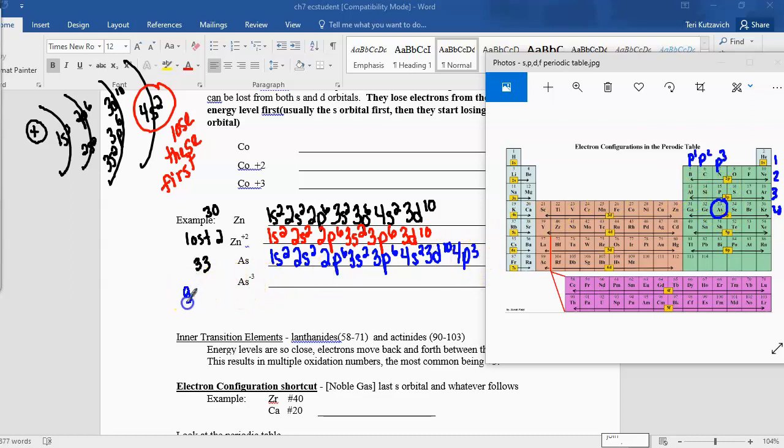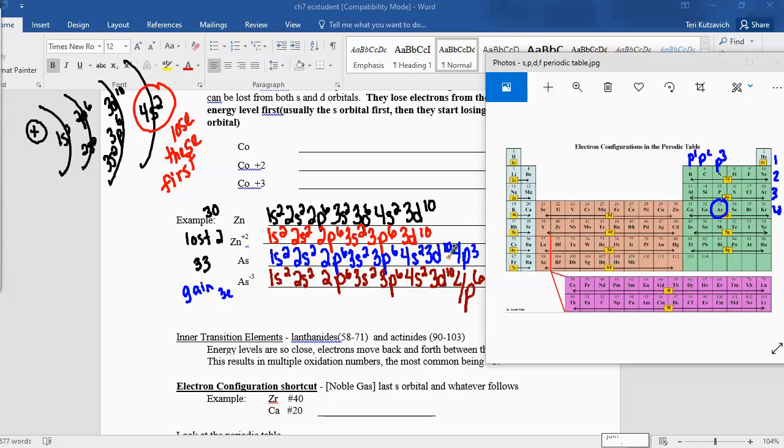This As minus 3 means that you gained 3 electrons. So where do you put them? You put them on the end. You add them onto the end. So this would be 1s2, 2s2, 2p6, 3s2, 3p6, 4s2, 3d10, and 4p6. I added the 3 electrons to the end. Not bad, right?